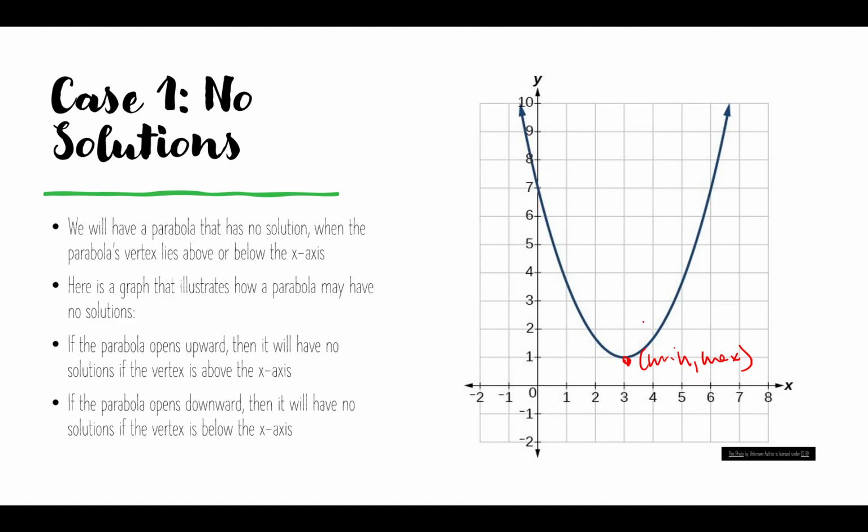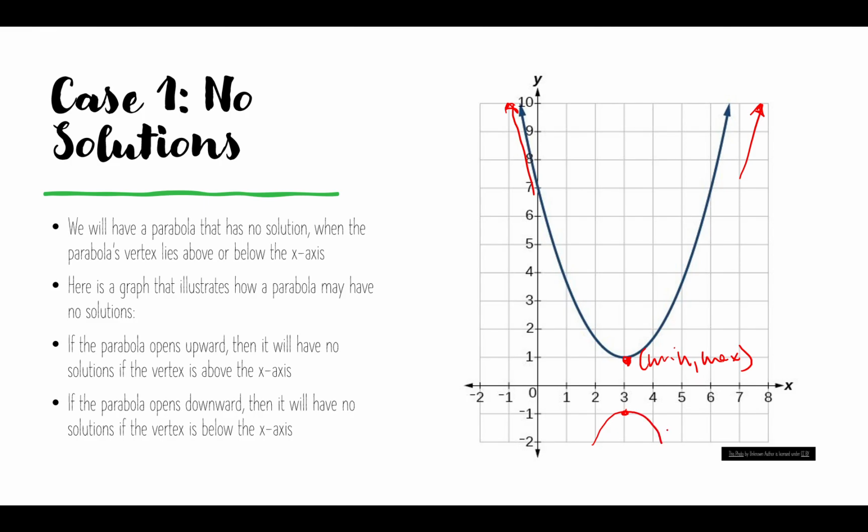A vertical parabola that opens up like this will have no solution if the vertex is above the x-axis, as seen here. Since the vertex is the minimum point in vertical parabolas, if it's already above the x-axis, it will never intersect.